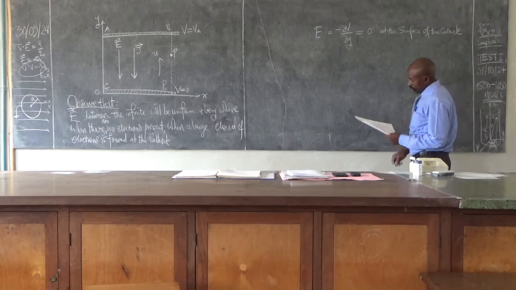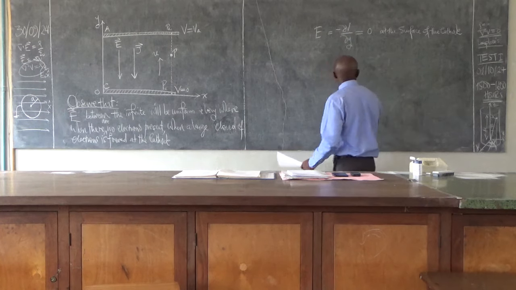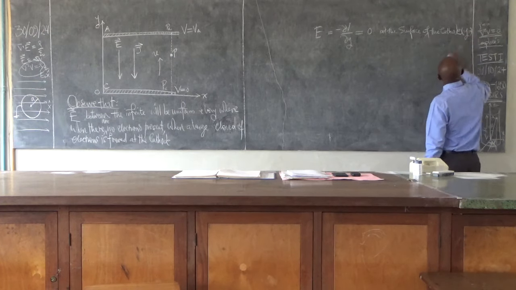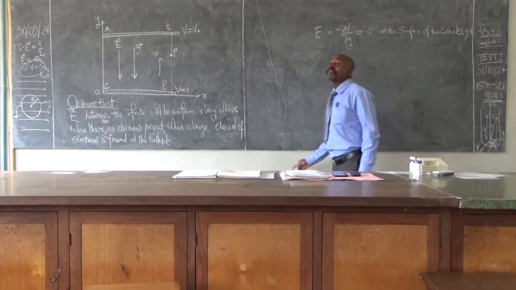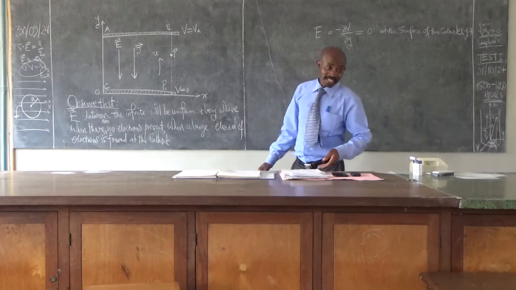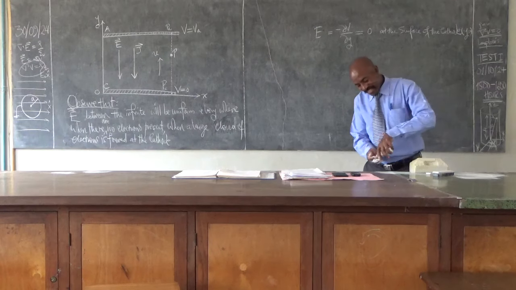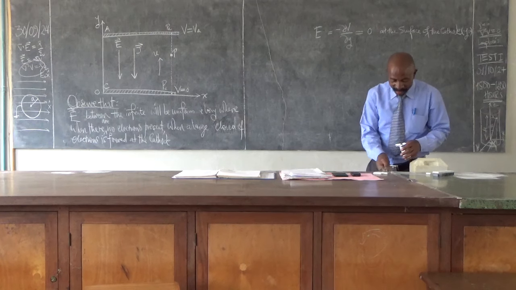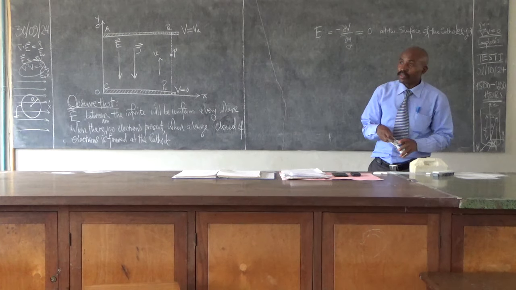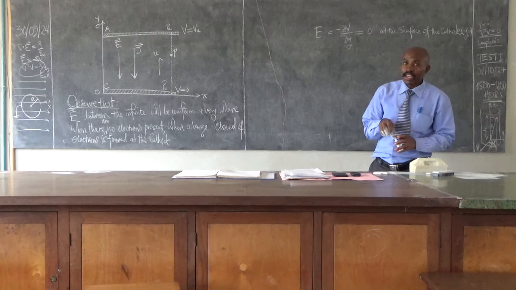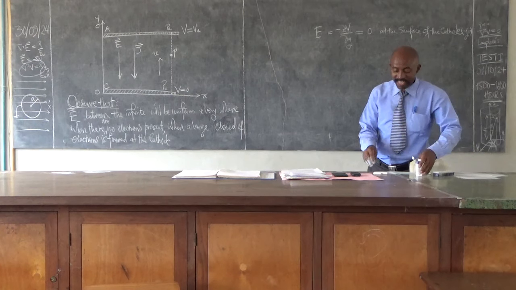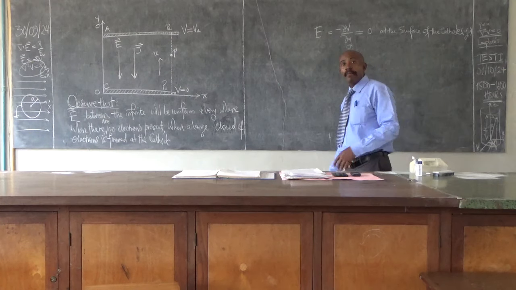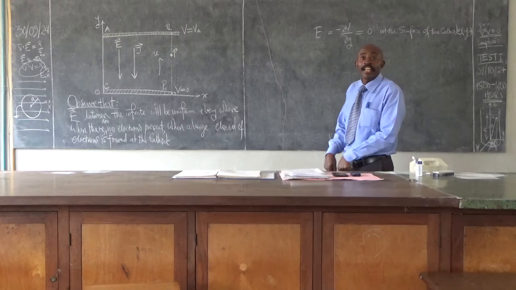Today, these negative charges have decided to just do whatever they want. I will not bother anybody because I want to finish enough for the test. Test 1 is covering the whole of electrostatics, up to where I will have stopped today.